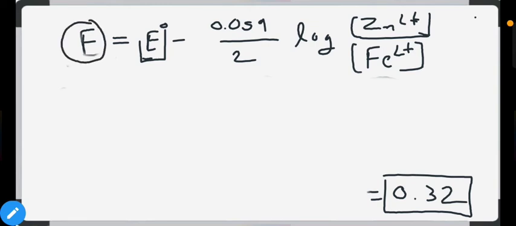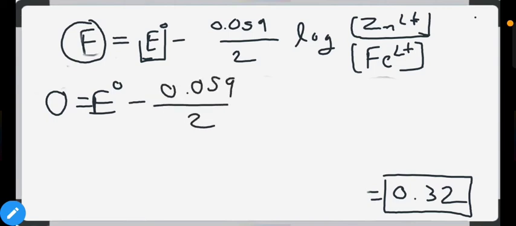So let us assume equilibrium is attained. So E is equal to 0, which is equal to standard cell potential minus 0.059 divided by 2 into log. Now when equilibrium is attained, the concentration of product upon reactant is equal to Kc, the equilibrium constant.